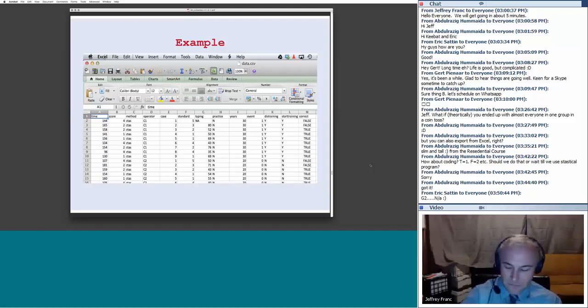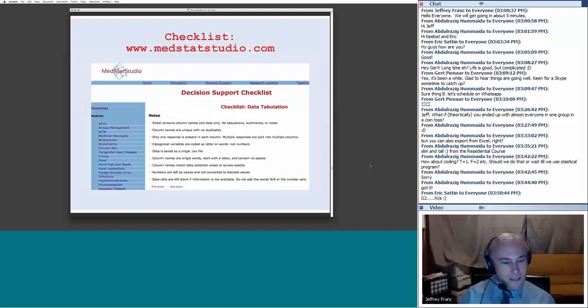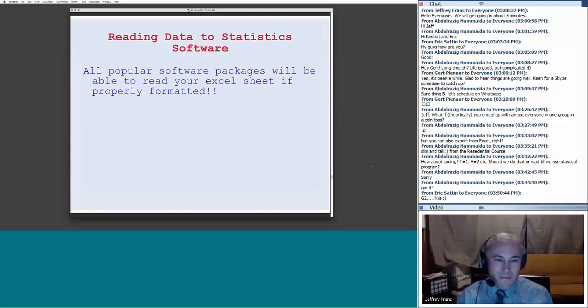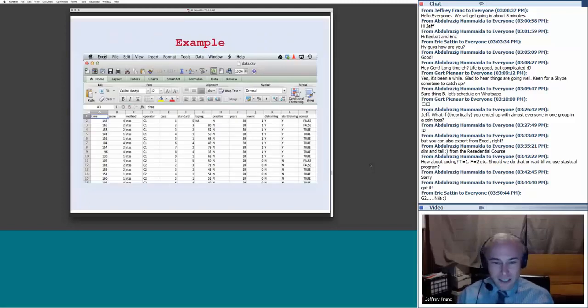Again, that's the checklist. It really summarizes everything we talked about in our session today, and I encourage you to use it on your own, and I always welcome your comments. If you format your spreadsheet like this, no matter what type of statistics software you use, they will be able to easily import your sheet.